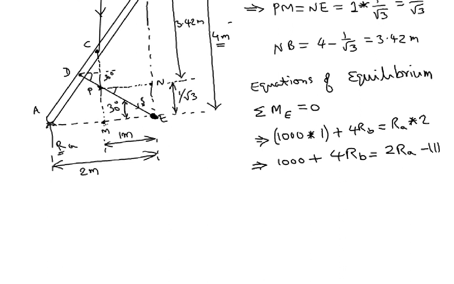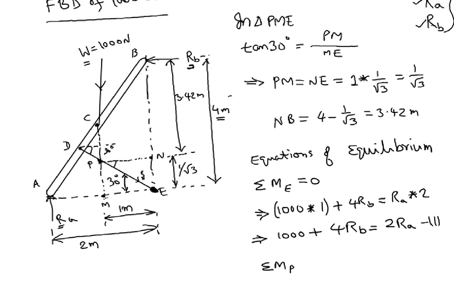We can write another equation of equilibrium as the sum of moments about another point. Let us say we take moments about this point P. When you take moments about P, two forces do not contribute any moment.